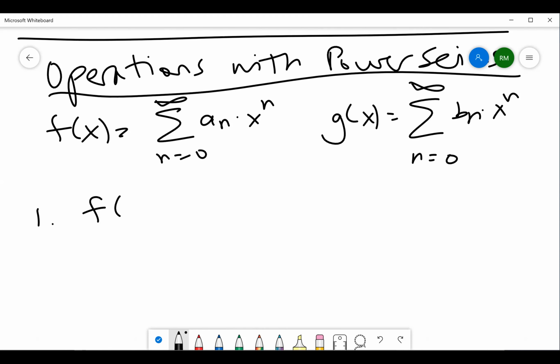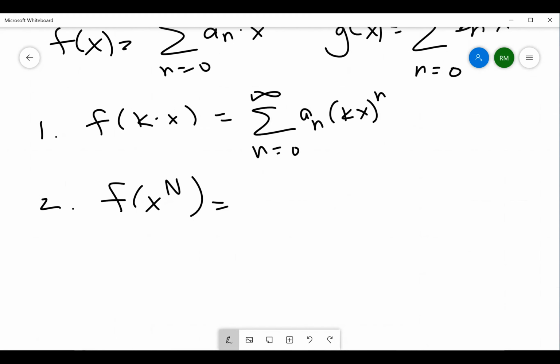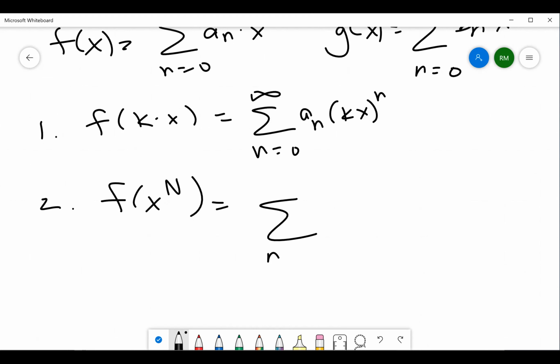The first thing that happens is if I want to multiply x by a constant on the inside of my function, that's the same as multiplying it by x inside my power series. If I want to raise x to the n inside my power series, you want to do f of x squared or something, you just do it in your series as well.